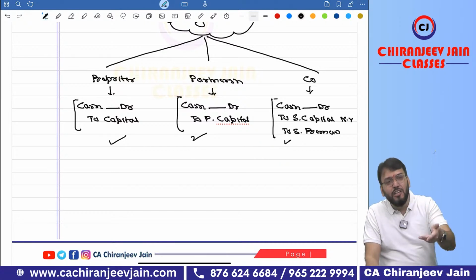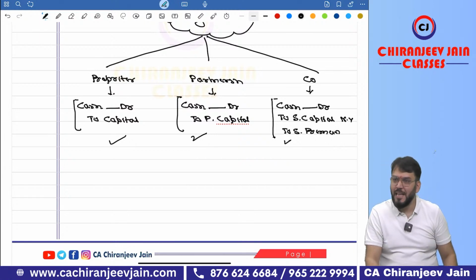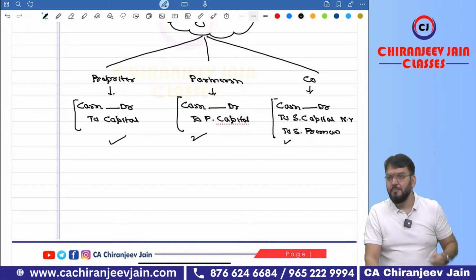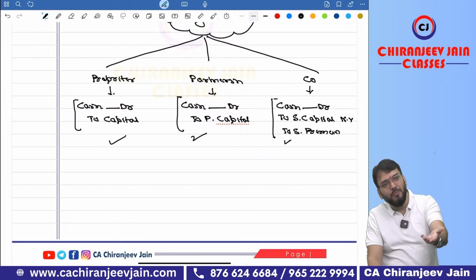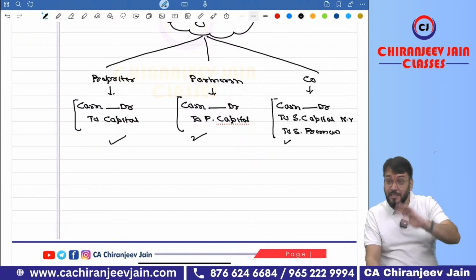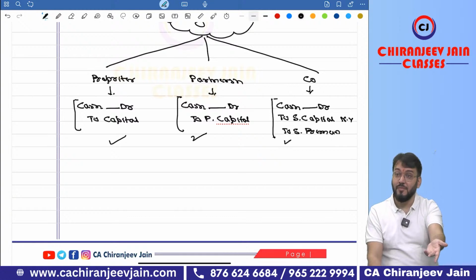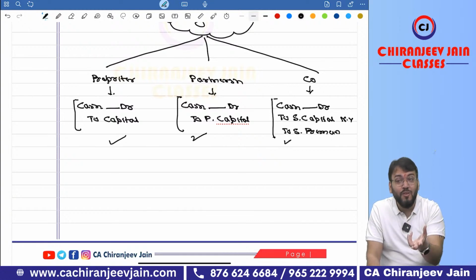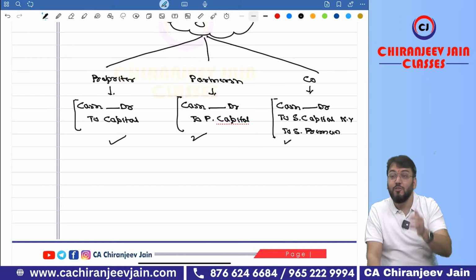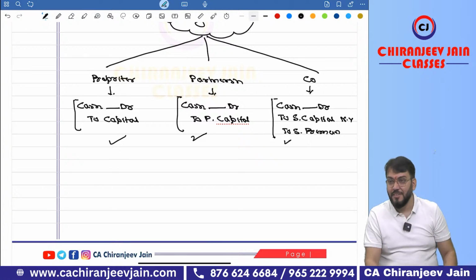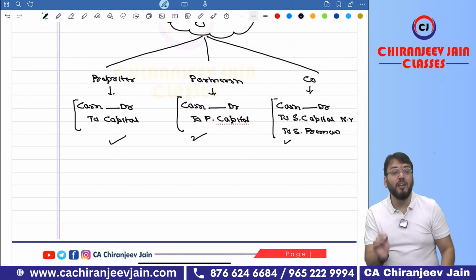This value will be given by the promoter of the company as per their choice. Suppose I start a company, I am the promoter, you ask me what is the face value, I will say 1000. 1000 becomes face value. Or I may say rupees 10 also. There is no relevance behind that. Why 1000, why 10? Got this point? The face value is not a value of shares.